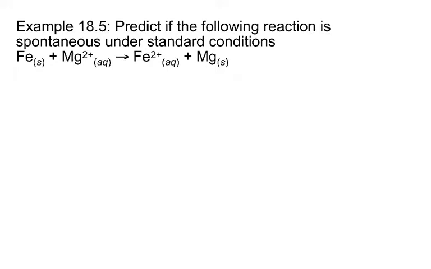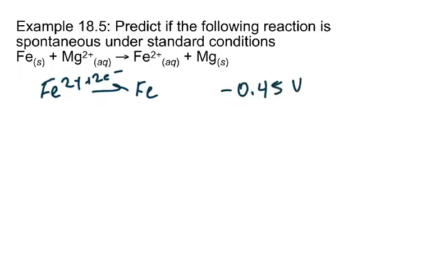All right, so predict if the following reaction is spontaneous under standard conditions. So we can look at table 18.1. Iron going to iron 2, we're going to want to reverse. So we're going to do iron 2 plus 2 electrons goes to iron. That in the table is negative 0.45 volts.